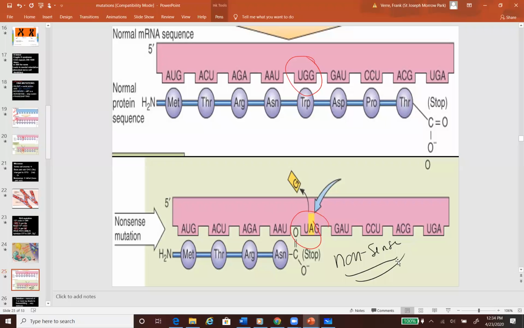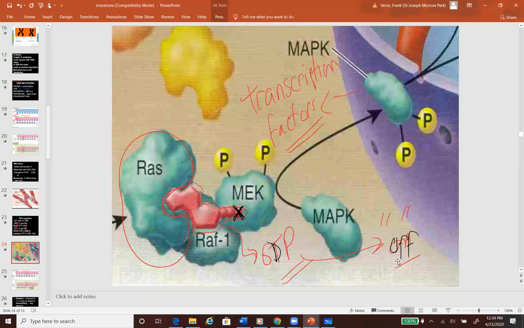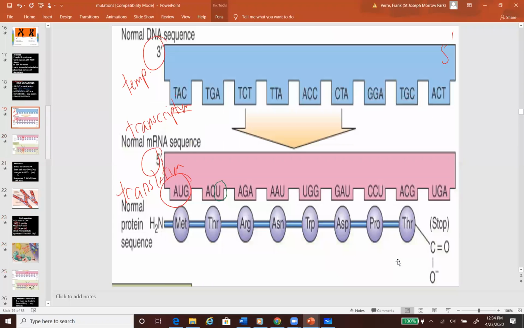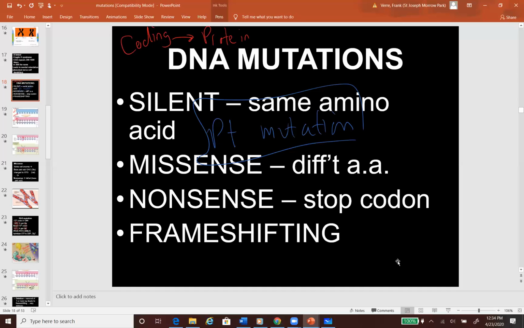Okay. The fourth type of mutation, if I go back to mistakes within a DNA sequence, is something called frame shifting. And by the way, if you're doing your lab on the virus, the viral genome, you probably would have seen lots of examples of these point mutations where letters have been changed. Now, I didn't ask you to tell me if they're silent or missense or nonsense, right?